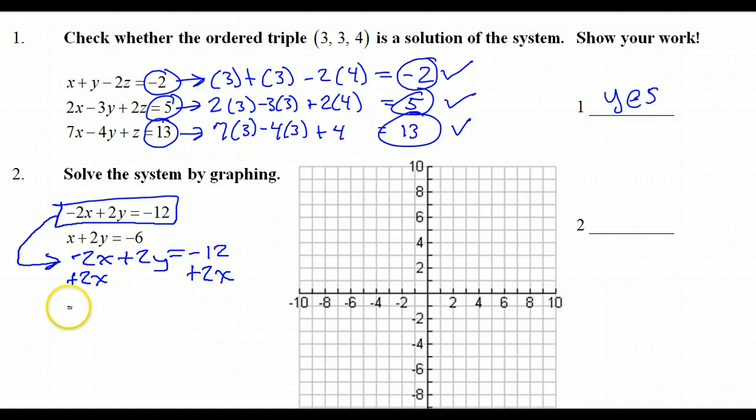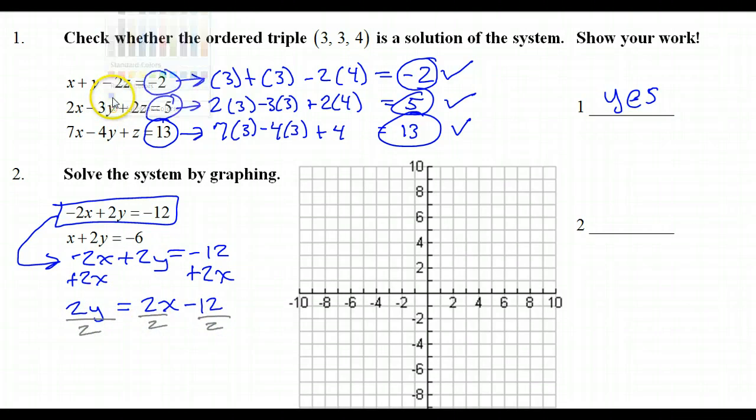So that's going to give me so far 2y is equal to 2x minus 12. Time to divide by 2. So that's going to give me y equals x minus 6.